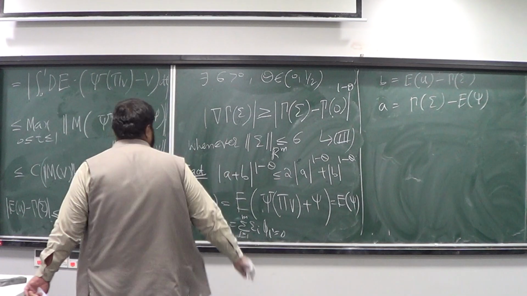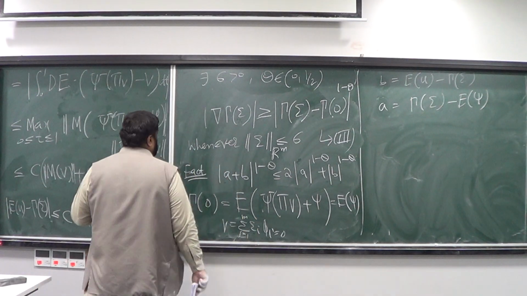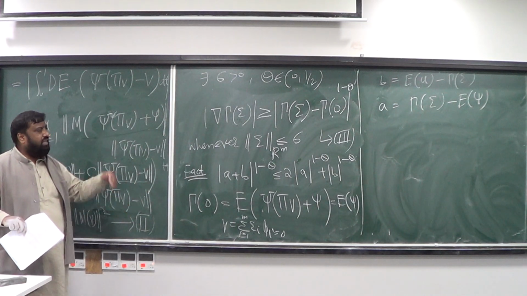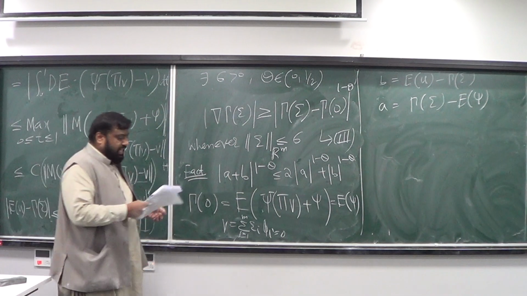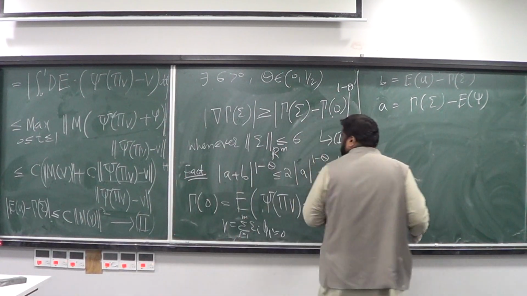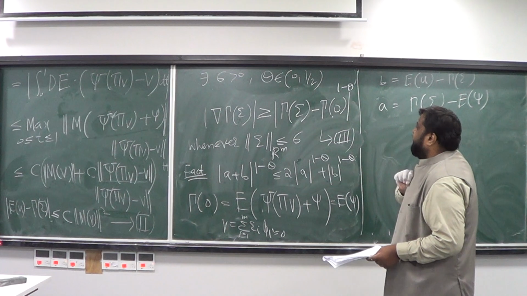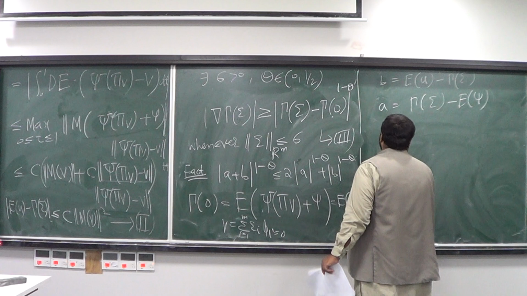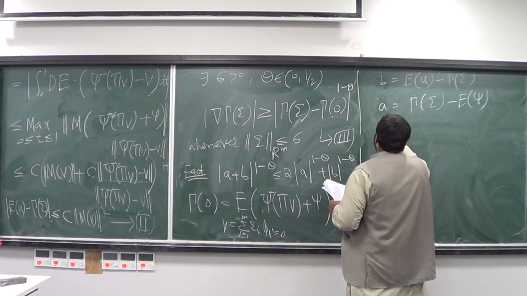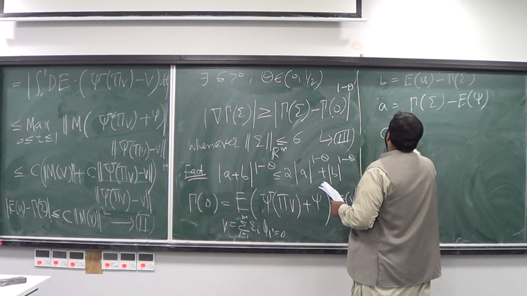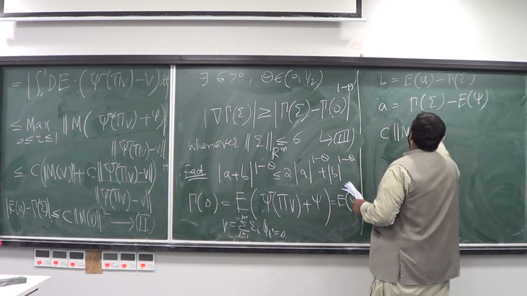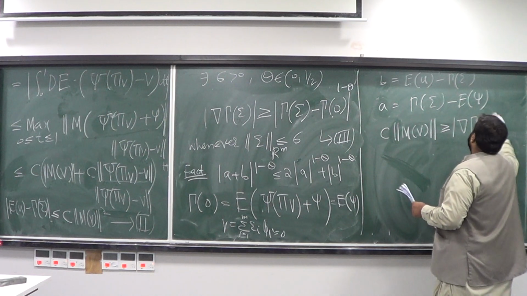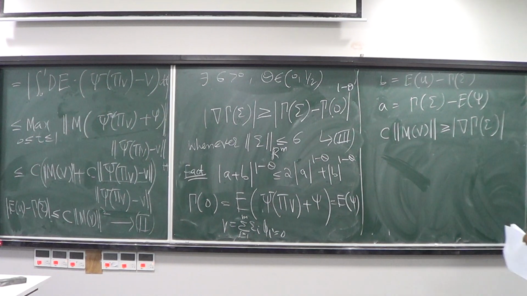So now it's time to combine, or use, these inequalities 1, 2 and 3. Let's just start with inequality 1. What was the inequality 1? Remember, inequality 1 was C multiplied by the norm of v is bigger than or equal to the gradient of Γ of ξ.